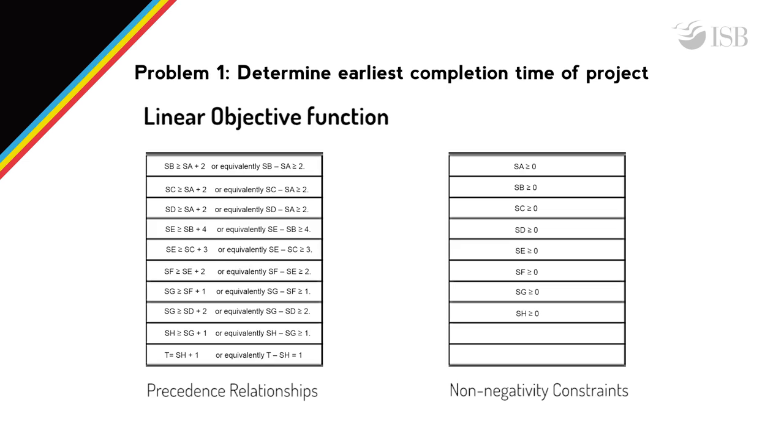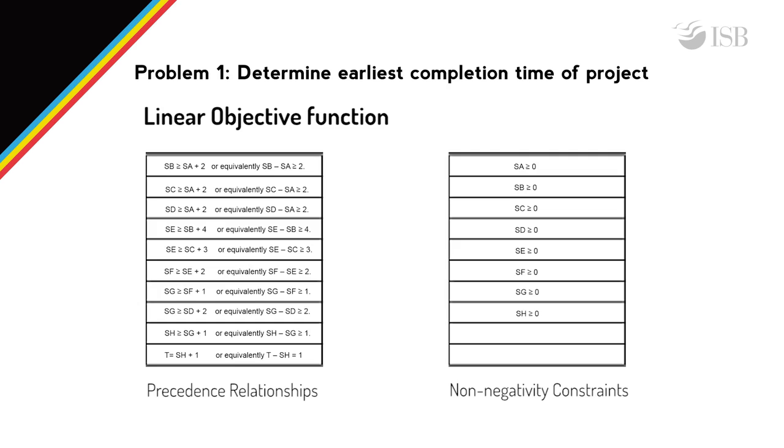The objective function is to minimize the completion time of the project, denoted as T. There are 2 points worth noting. First, the equivalent constraints are shown on the right with all the variables on the left-hand side of the inequality or equality and the constant term on the right-hand side, as required by many commercially available software.